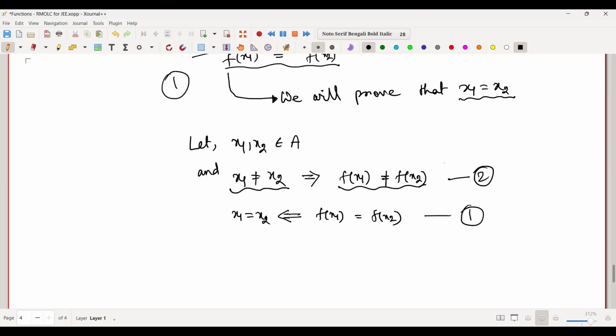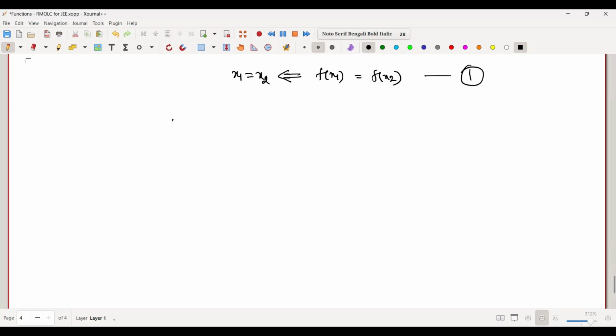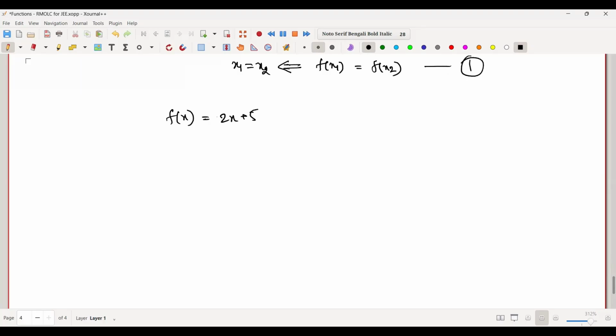Okay, now take an example. Suppose f(x) is equal to 2x plus 5. Now we are taking two arbitrary elements from the domain. So let x belong to R, the set of real numbers. Take two elements x1 and x2.